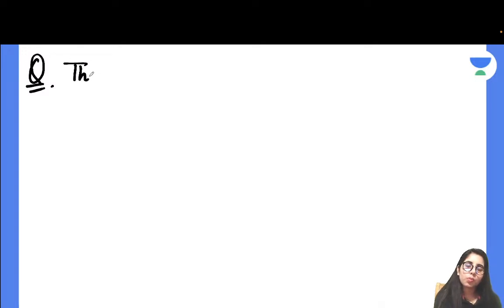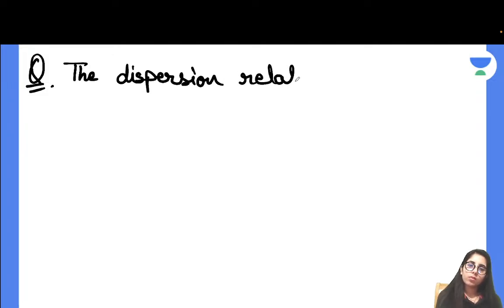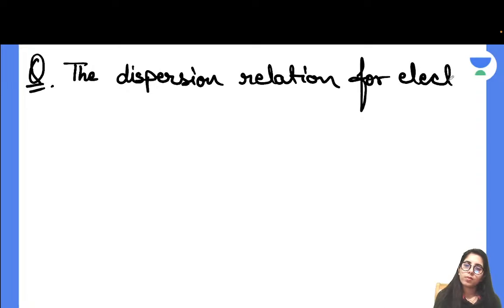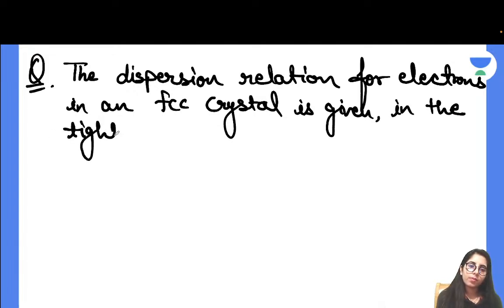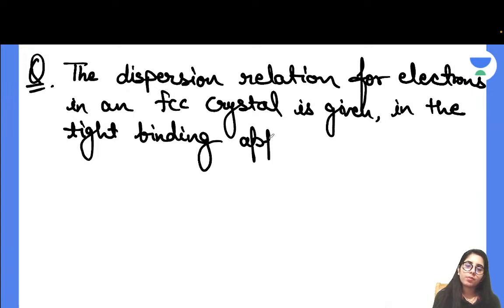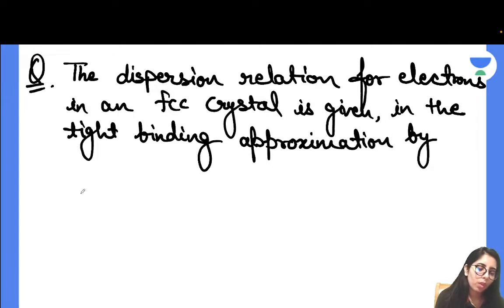Now the next question is: the dispersion relation for electrons in an FCC crystal is given in the tight binding approximation by epsilon k.